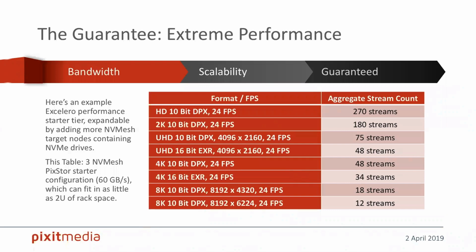Any of these formats of performance are possible through just a simple 2RU deployment of NVMesh in combination with PixStor. So being able to support enormous quantities of HD and 2K formats as well as modern deliverables in UHD format. And then going beyond that, maybe you're working in VFX where there are some image plates coming in beyond 4K and even to 8K playback or 8K process format. And how do you play this media if you want to work with 1 to 3 seconds of it because you're focused on shots?